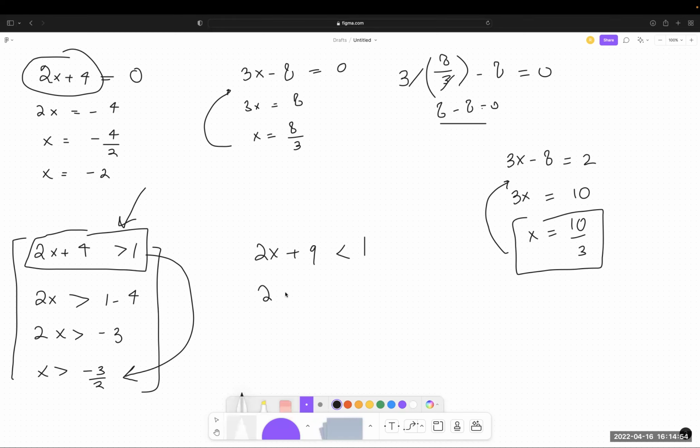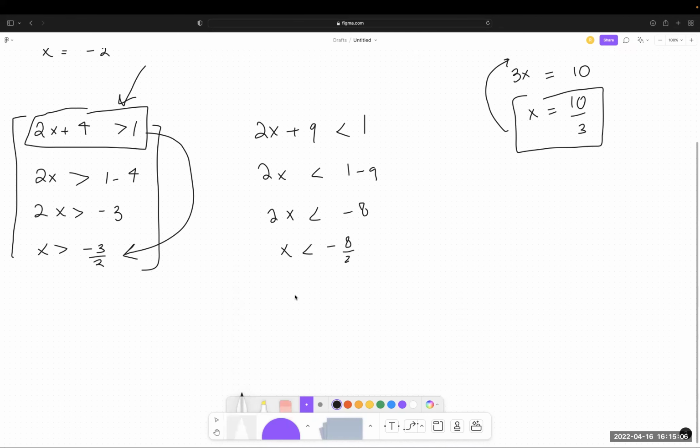What do I do? I solve for x. I can do 1 minus 9 here. I'll have 2x is less than -8, and then x is less than -8/2. And so x is less than -4. So it's basically saying that if you choose any value that is less than -4 and put it into this, then that value will be less than 1.